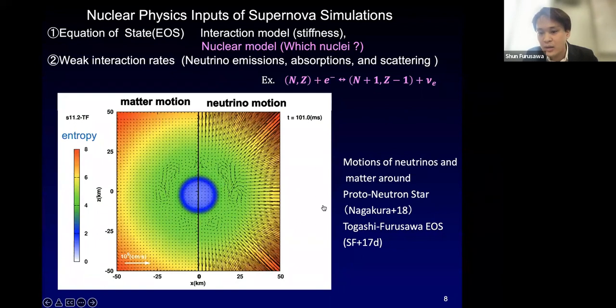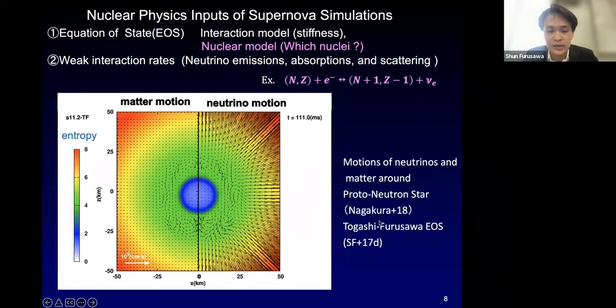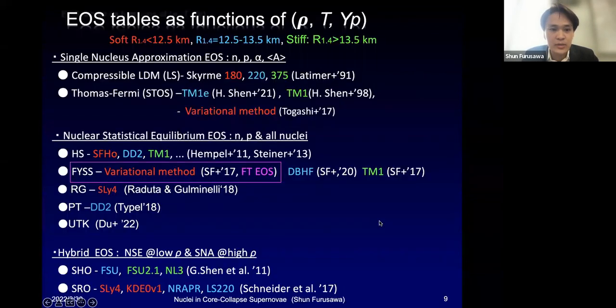This is a simulation by Nagakura-san. And this is the current list of data tables of supernova equations of state. There are many equations of state now. About 10 years ago, we had only two.